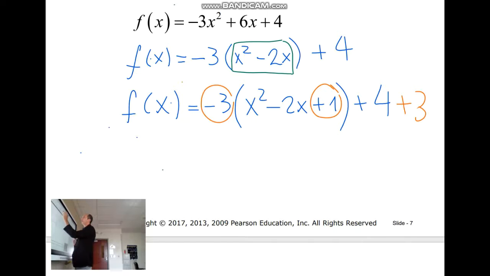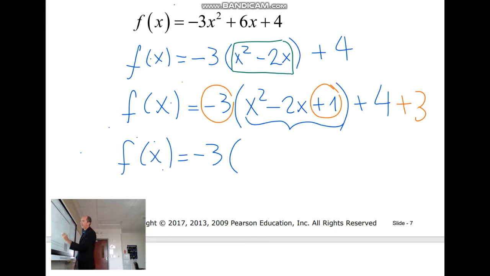Let's keep working. We can rewrite this quadratic equation as the equivalent f of x equals negative 3 times (x minus 1) squared, plus 4 plus 3, which is 7.